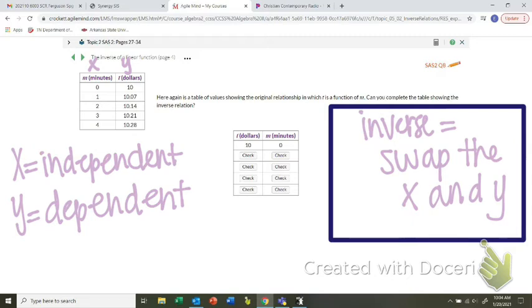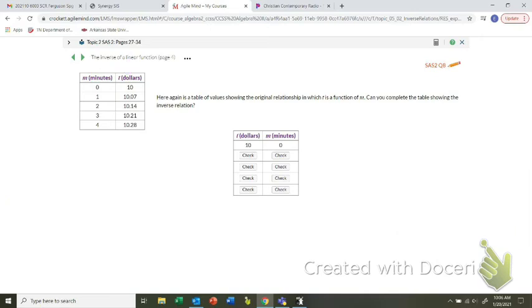Okay, so it says to complete the table to show the inverse relation. All right, well, in order to swap it, all I do is literally swap those values to the other side. So originally, these were our x and y values.